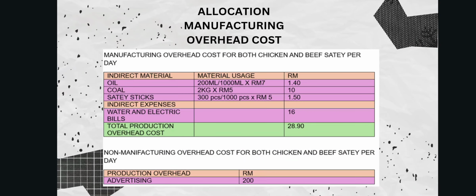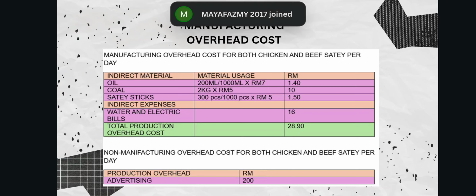So the next one is allocation of manufacturing overhead costs. Manufacturing overhead costs for both chicken and beef satay per day. For the indirect material, they use oil, coal, and satay sticks. For the material usage, for oil, 200 milliliter per 1,000 milliliter times 7 ringgit, they get 1 ringgit and 40 cents.